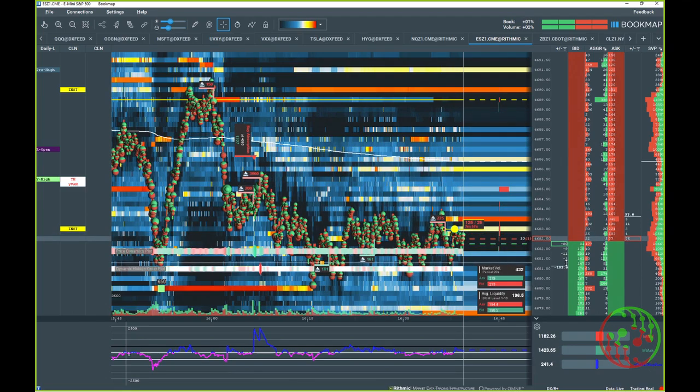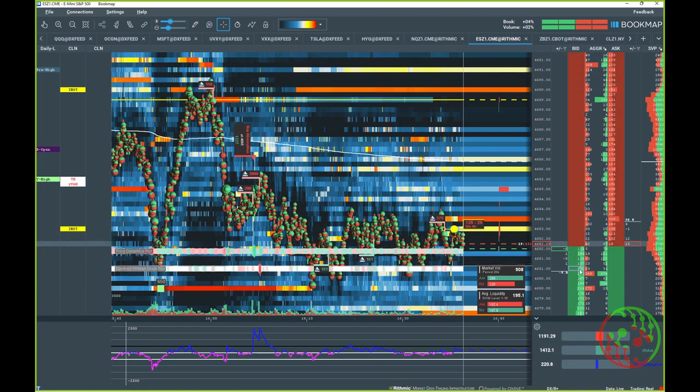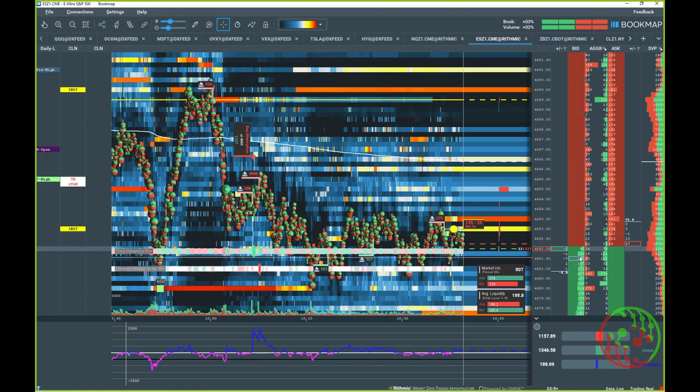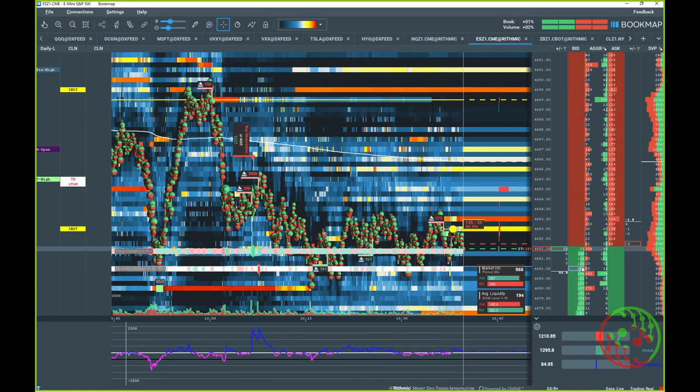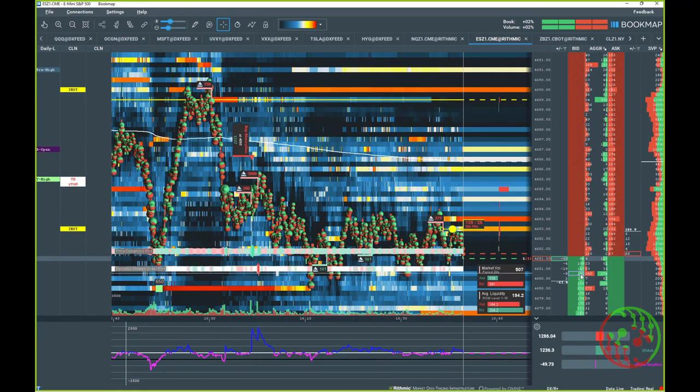It's quite fast. I'm just measuring the 5 levels based on best bid offer here. It measures how many contracts are added, or how many contracts are subtracted from these levels here.